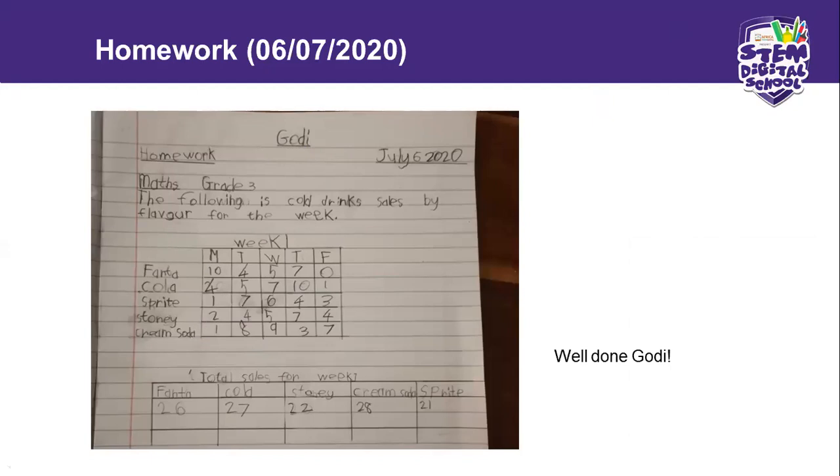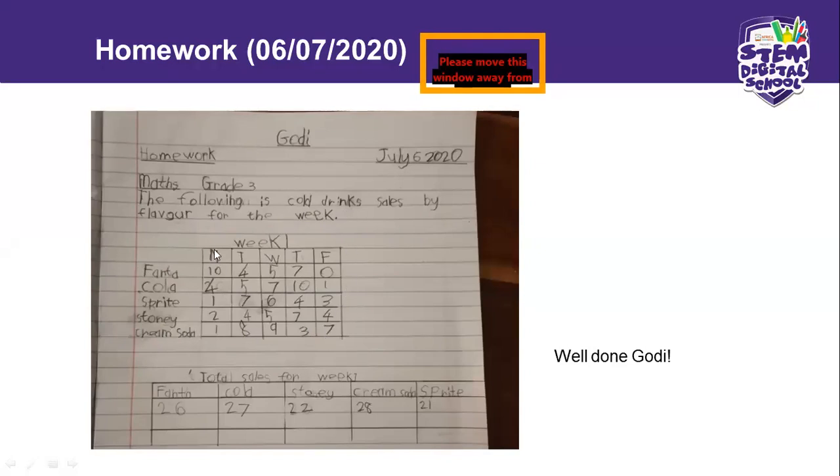So I want us to look through what Khudi has sent to us. He says the following is cold drink sales by flavor for the week. So this is his short story, and then he is representing his information using a table.